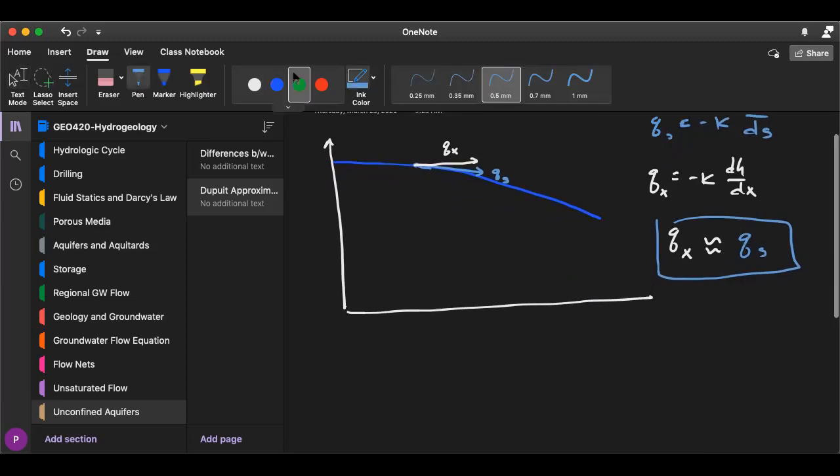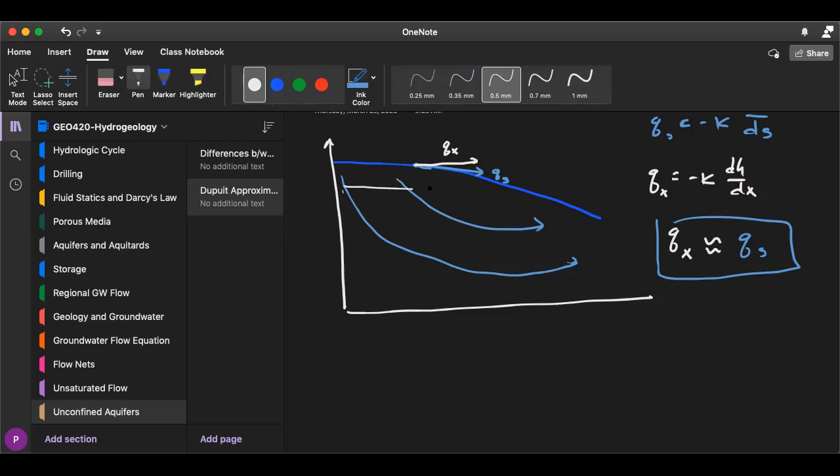And so what this means is, even though in the real world we know that our flow paths are doing something like this, what the Dupuit assumption says is we can approximate them as things that are doing this.